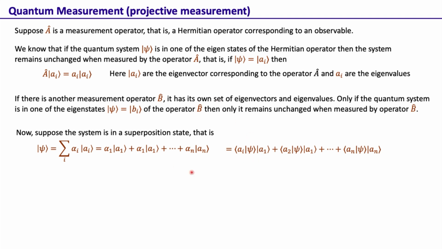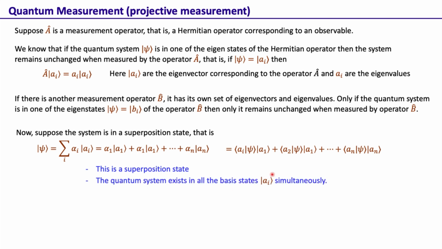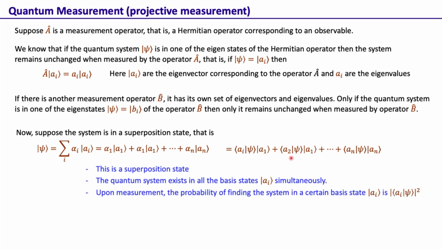Of course, this is a superposition state, not a single eigenket. The way we interpret this kind of state is that the quantum system exists in all these basis states a_i simultaneously. But upon measurement, we will find it in one of the eigenkets, a_1, a_2, up to a_n.